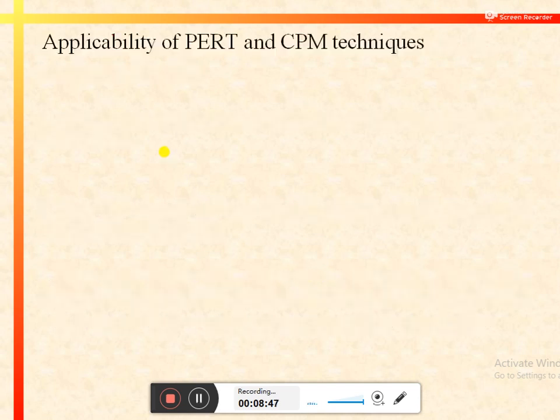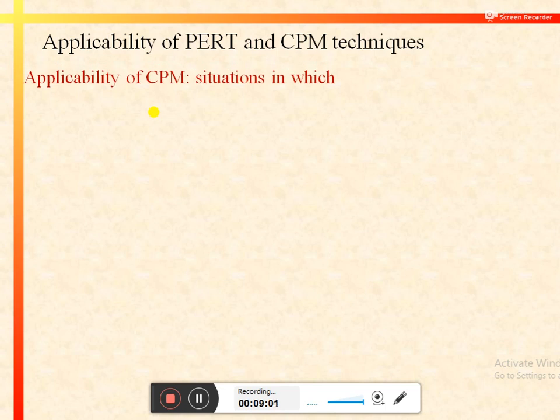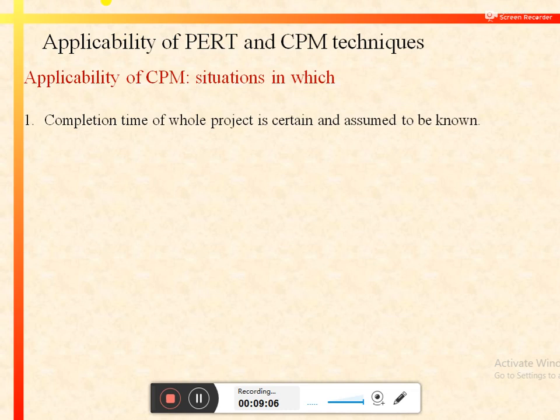Now we would understand the applicability of PERT and CPM techniques. In what situations we can apply CPM technique, and in what scenario or situations we can apply PERT technique. Applicability of CPM. So the situations in which the completion time of whole project is certain and assumed to be known, in that case we can use critical path method technique for the purpose of project management.